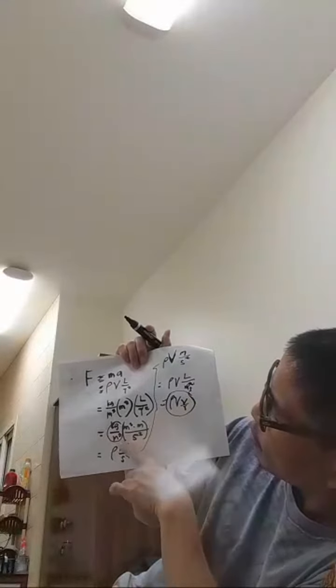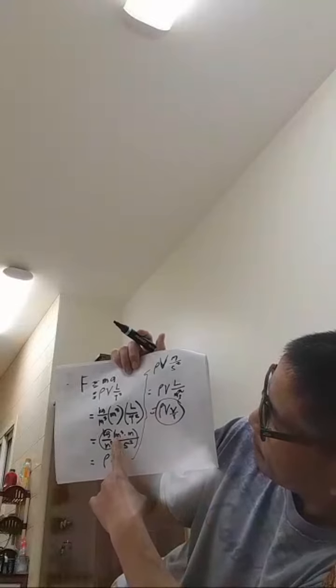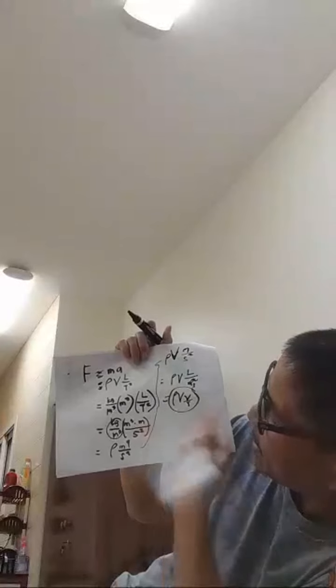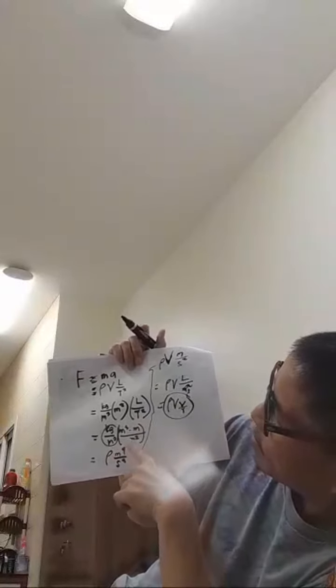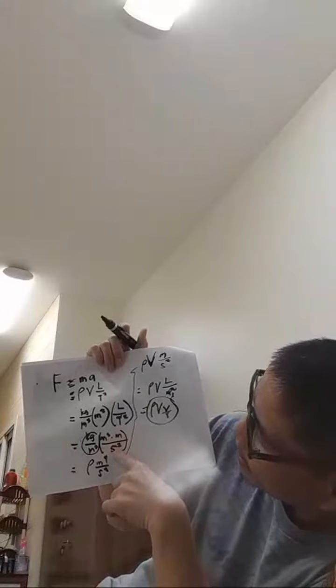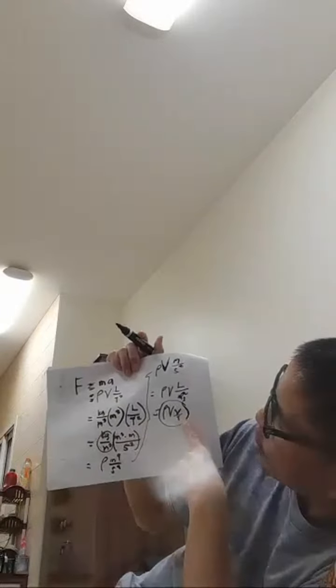Density is kilogram per cubic meter. Volume is cubic meter. Meter is the length, and meter per second is the velocity, leaving T.